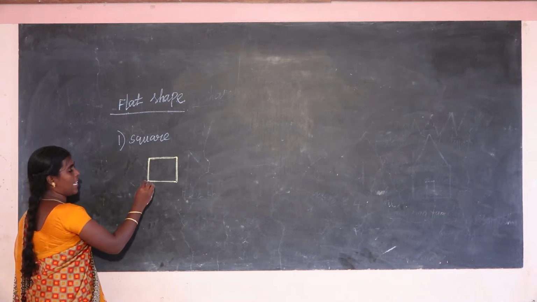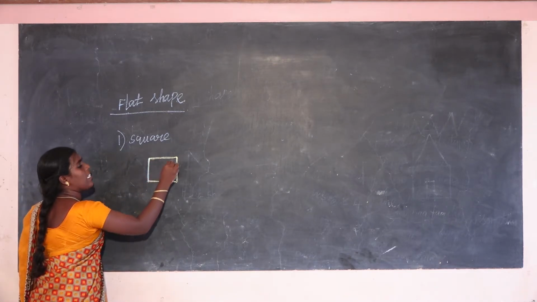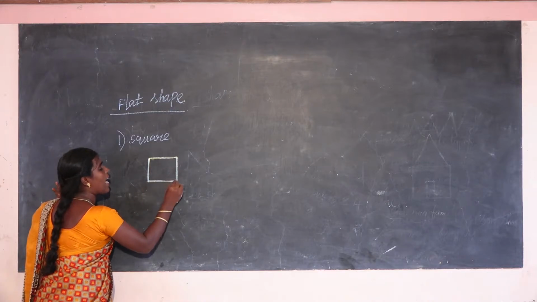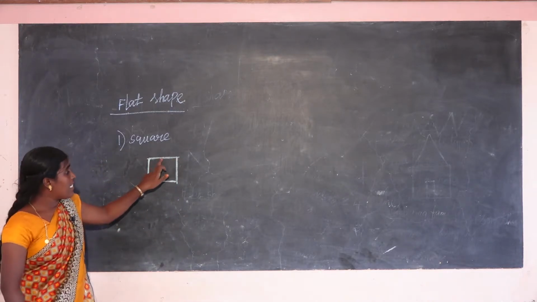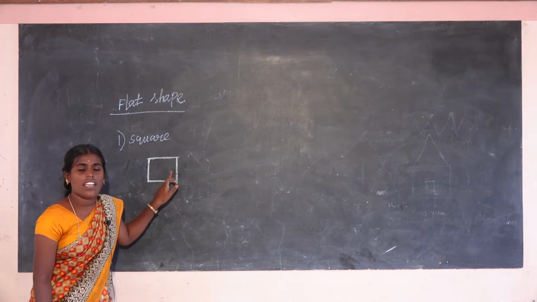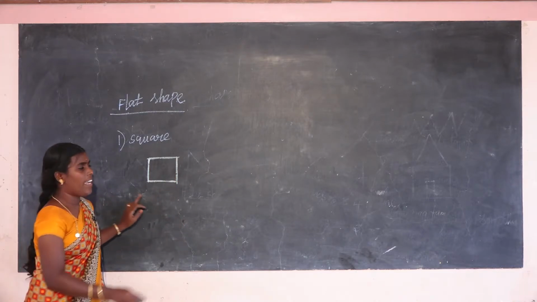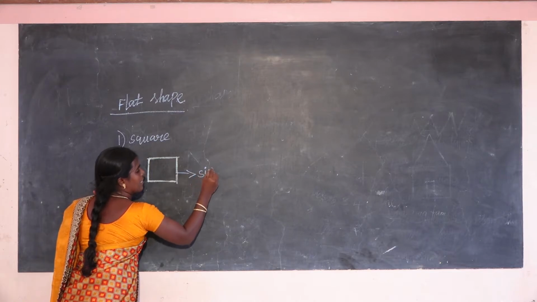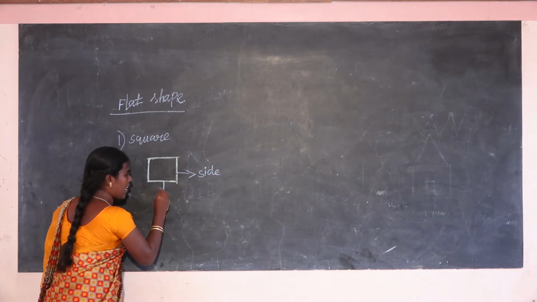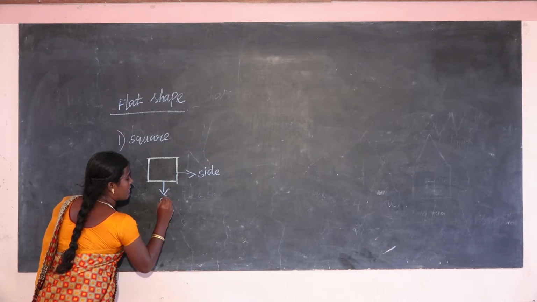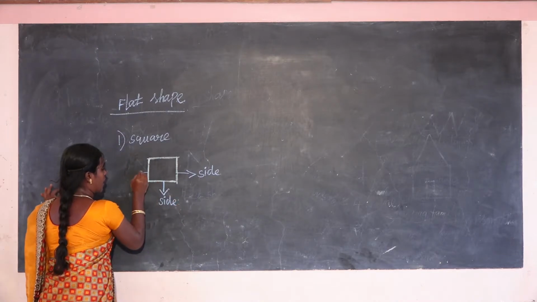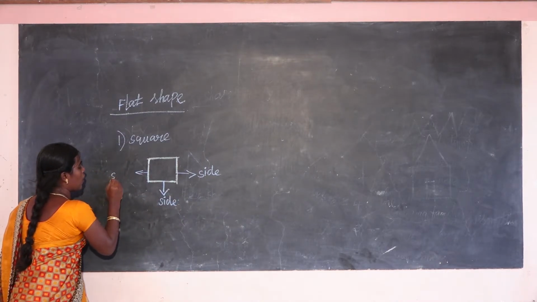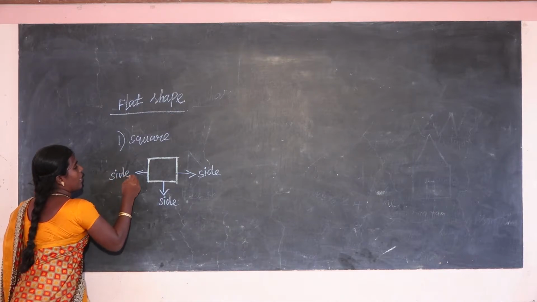Each and every line is called a side. This line is also called a side. This line is also called a side. The next one, this line is also called a side.